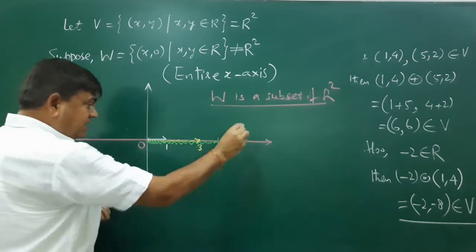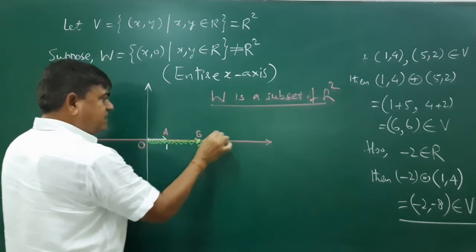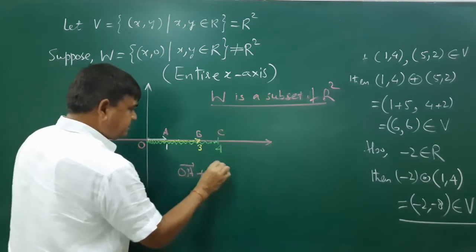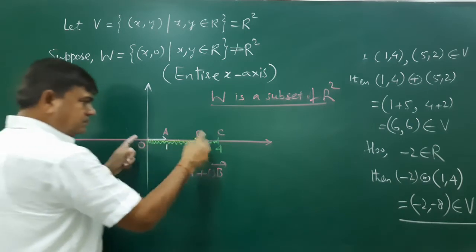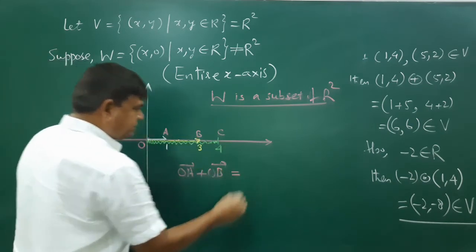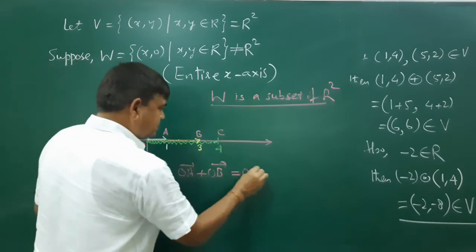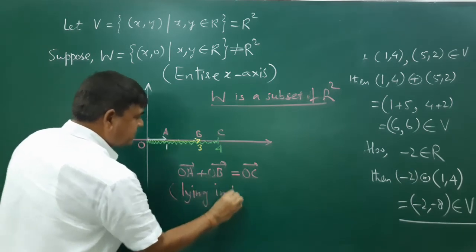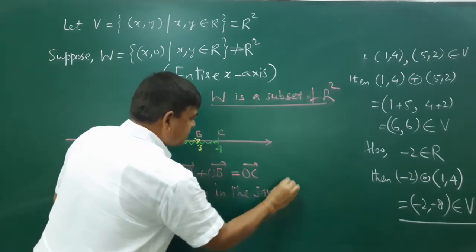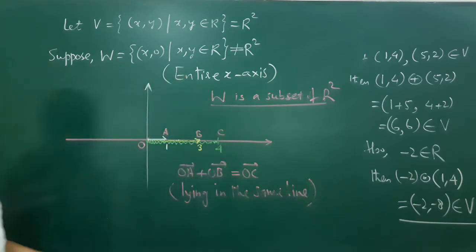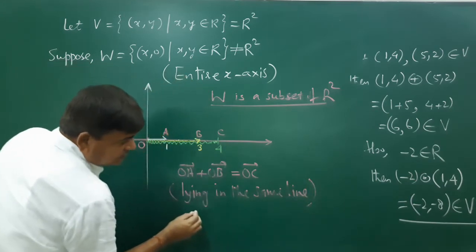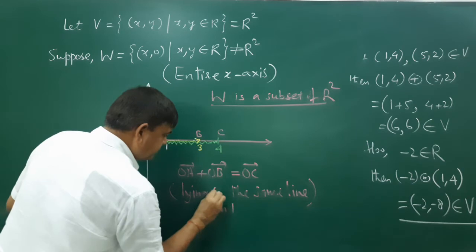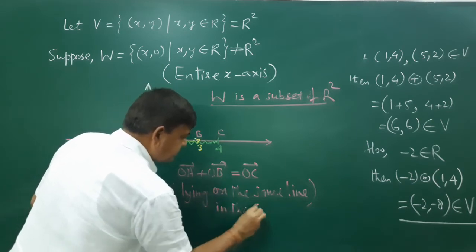Because it is in the same direction, suppose I say this is A, this is B and this is C, so OA plus OB is equal to OC, because they are on the same line in the same direction.